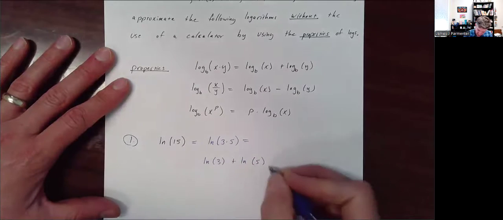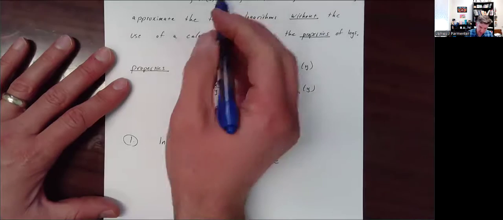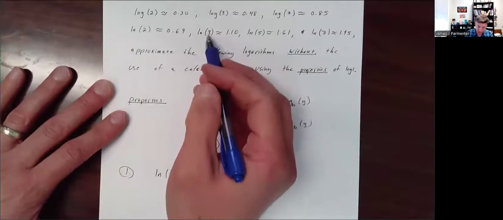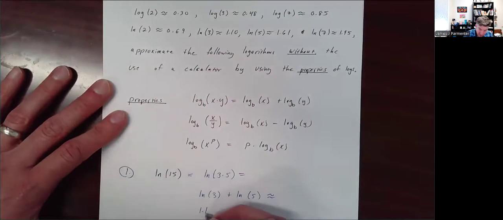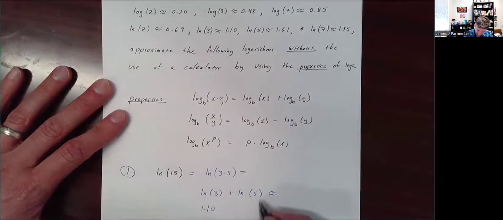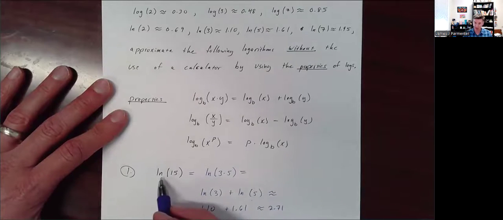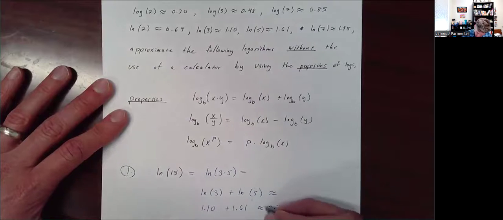And then we're going to use the approximations. The natural log of 3 is approximately 1.1. The natural log of 5 is approximately 1.61. And then 1.61 plus 1.10 is 2.71. I'm still using the approximation symbol here because it's what the natural log of 15 is approximately equal to. So the natural log of 15 is approximately 2.71.